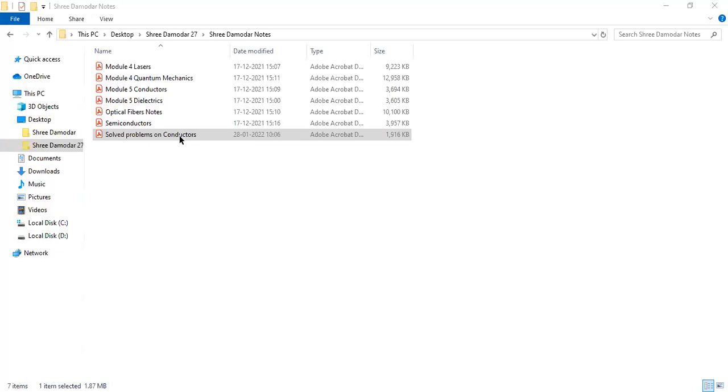Let me read once again. You have to find the probability of electron occupation in an energy level 0.02 electron volt above the Fermi level, and then in an energy level 0.02 electron volt below the Fermi level. And that you have to do at 200 Kelvin.